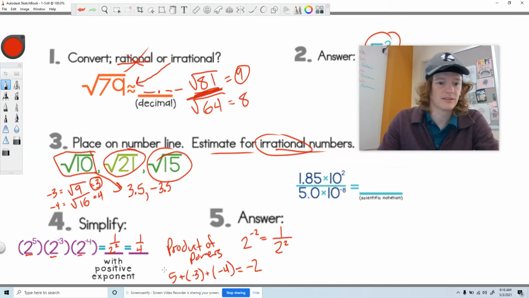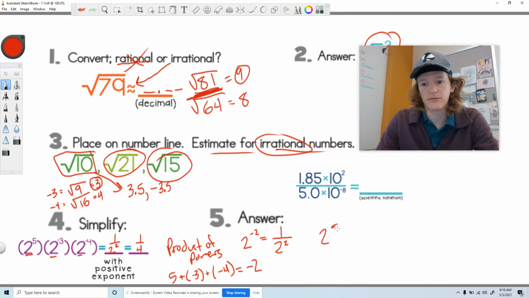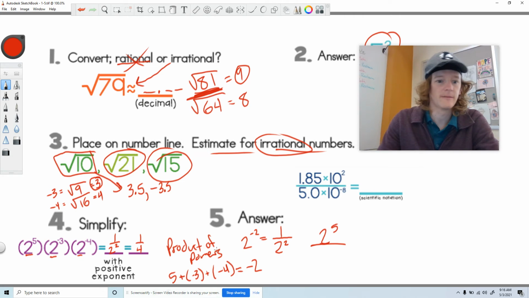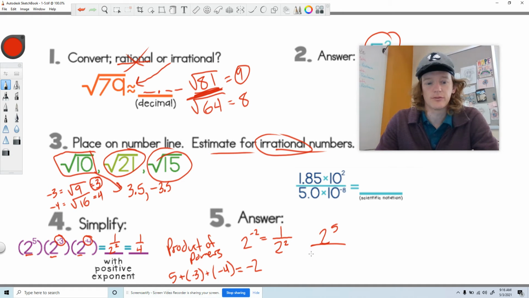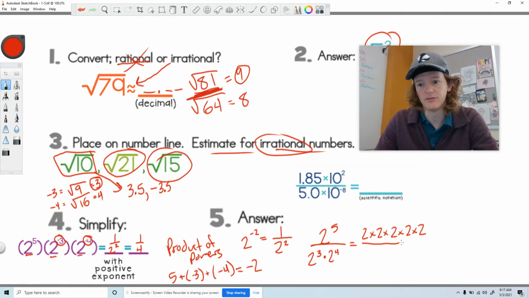Now to better explain this problem, we have 2 to the 5th in the numerator. With our negative exponent rule, we've got 2 negative exponents, so we can go ahead and put those in the denominator, 2 to the 3rd times 2 to the 4th. So what this looks like is 2 times 2 times 2 times 2 times 2, 5 of them in the numerator.